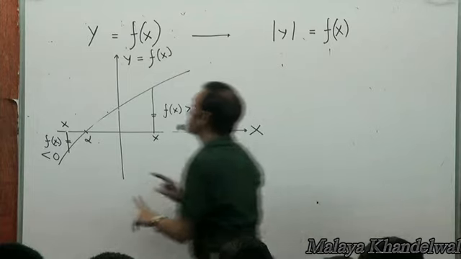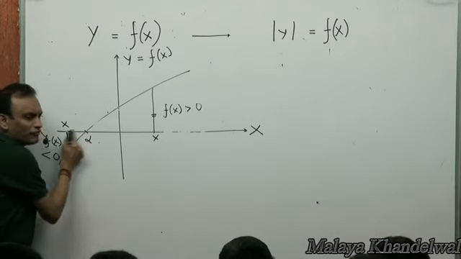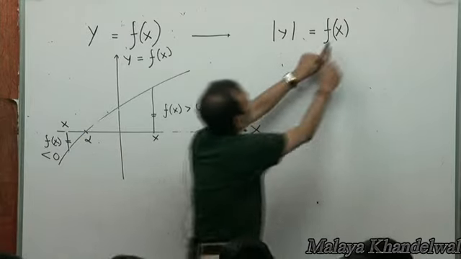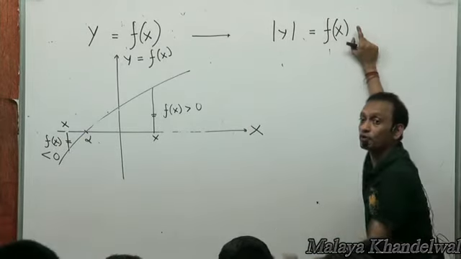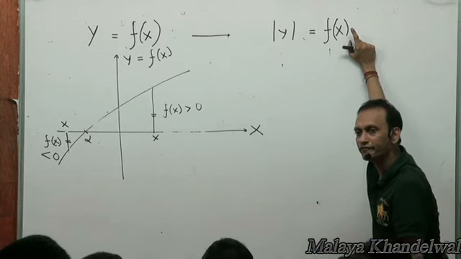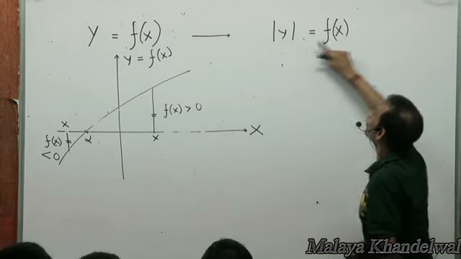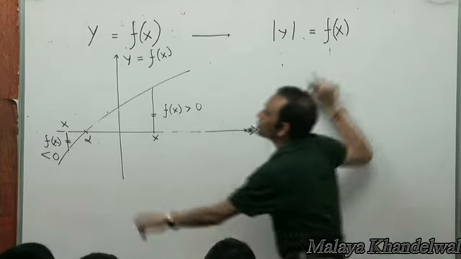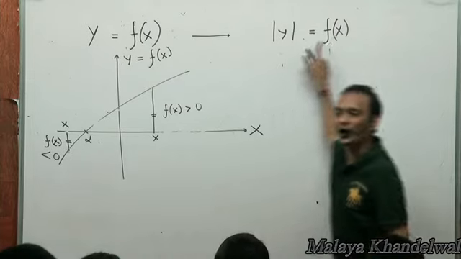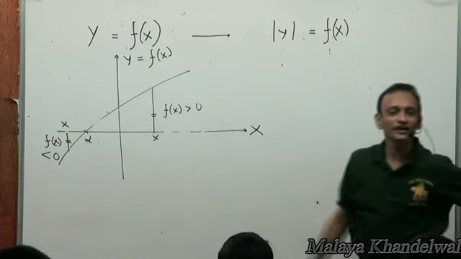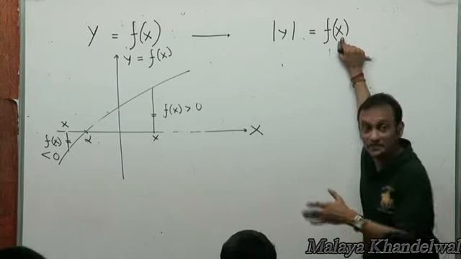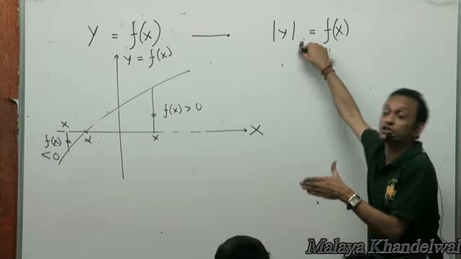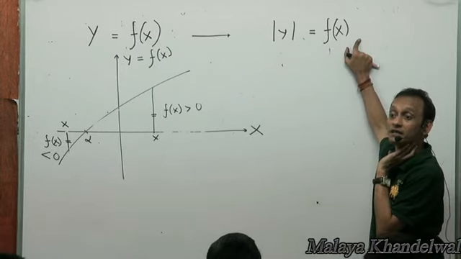That means to the left of alpha, f(x) is negative, and whenever f(x) is negative, I can't find y such that mod y equals f(x). So no part of this graph will exist to the left of alpha, because to the left of alpha f(x) is negative and I can't extricate y from the equation mod y equal to f(x) for x being a negative number.